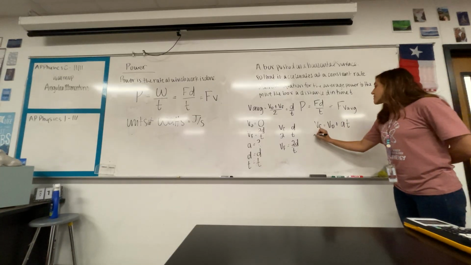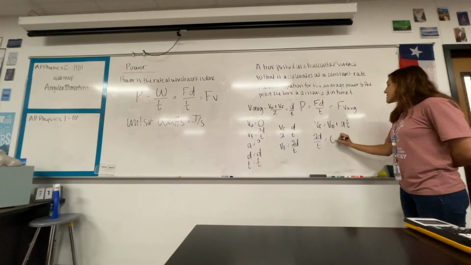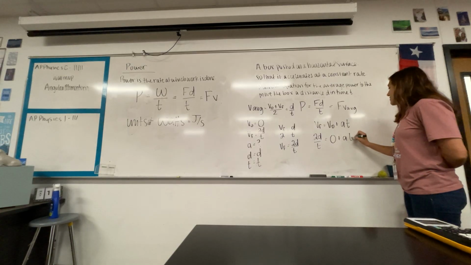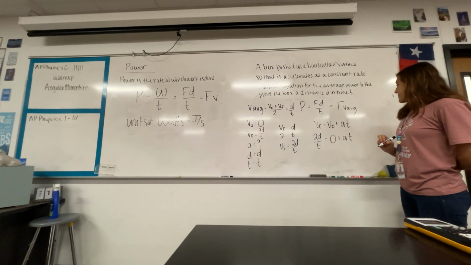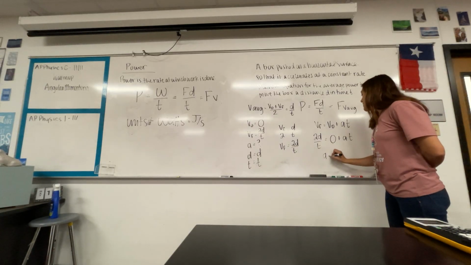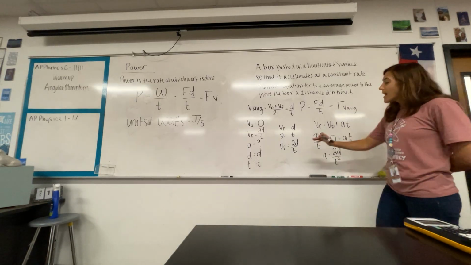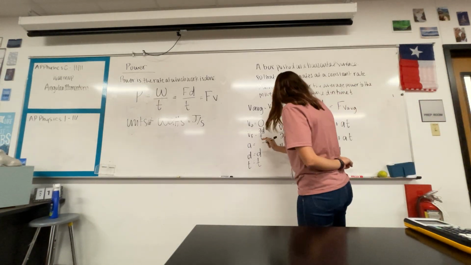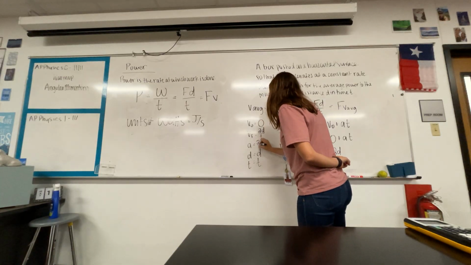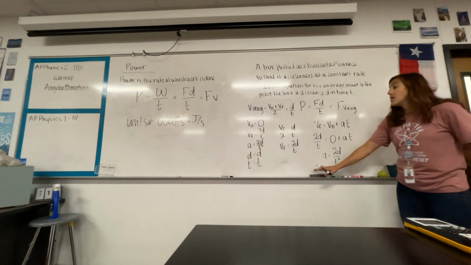So we know v final is 2d over t, v naught is 0, plus acceleration times time. So if I divide by time, I get that acceleration is equal to 2d over t squared. Hey, now I have acceleration. 2d over t squared. That's really helpful.